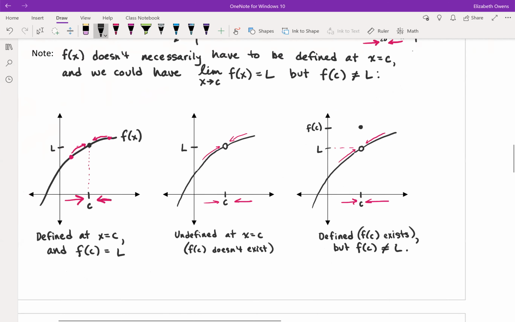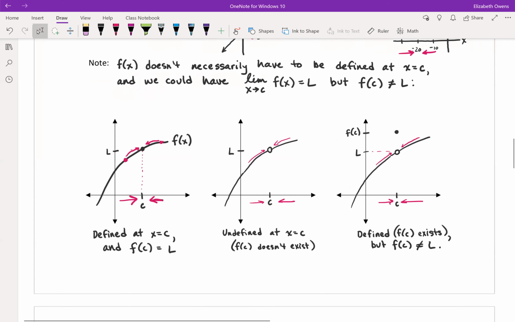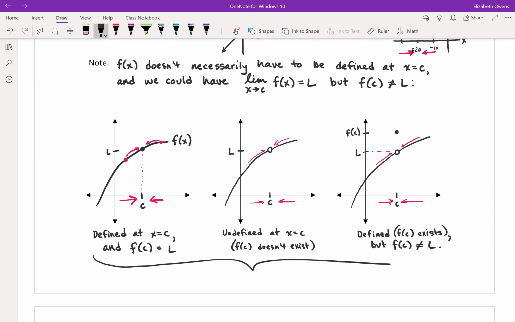All right, so the thing about all three of these graphs is that they all have the same L value, even though different things are happening at the point where x actually equals c. All three of these have the same limit.